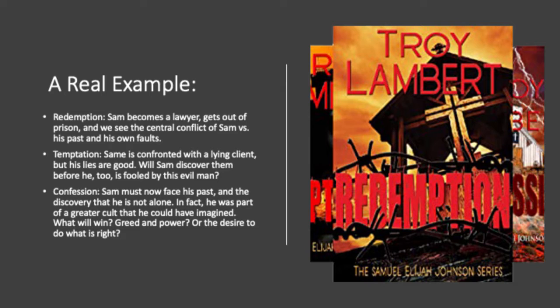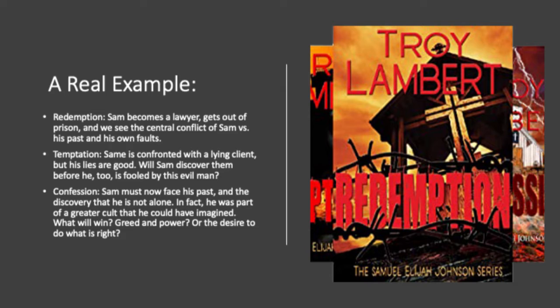So here's a real life example. This happens to be one of mine. This is a really old series, well, really old in my writing lifetime. It was published a dozen years ago when I was first starting out and really didn't know what I was doing in the self-publishing world, but it still turned out to be a great series.